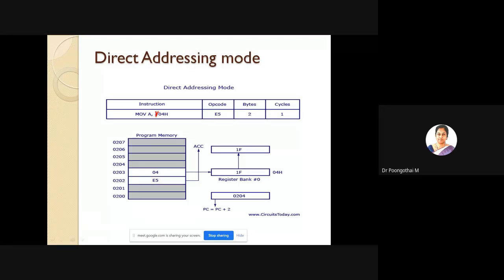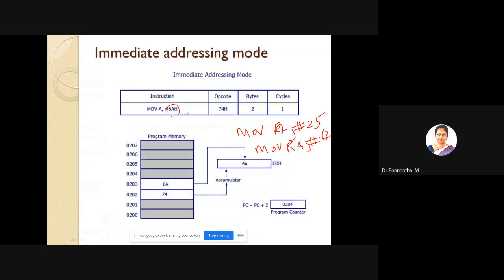The important point in immediate addressing mode is the hash symbol. You have to provide this symbol if you are entering 8-bit data. The symbol before the 6A indicates that the operand is 8-bit data. If the hash symbol is not present, then this value is considered as an internal address. If the hash is present, it is considered as 8-bit data. If the hash is absent, this number would be taken as an address.